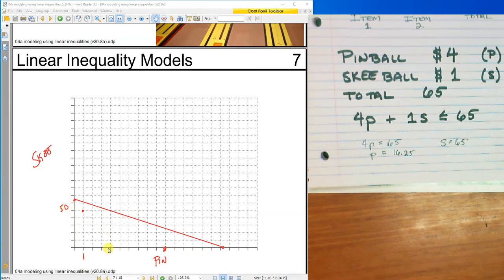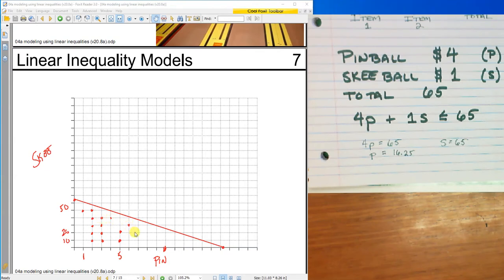That's one way he could do it. He could go 1, 2, 3, 4, 5. He could play 5 pinballs and 10 skee balls. He could play 5 pinballs and 20 skee balls. All of these points are possible ways he could play the games.